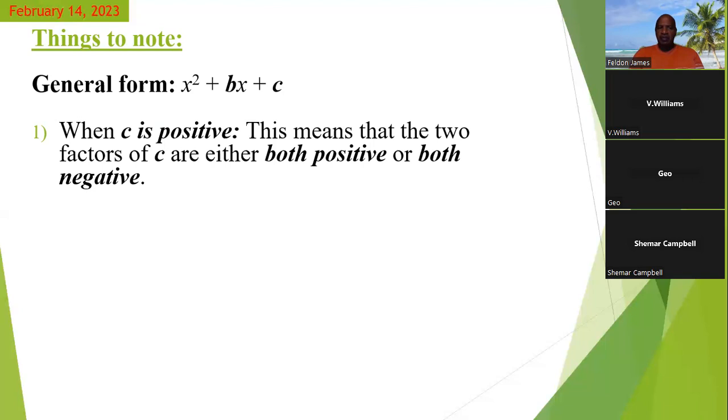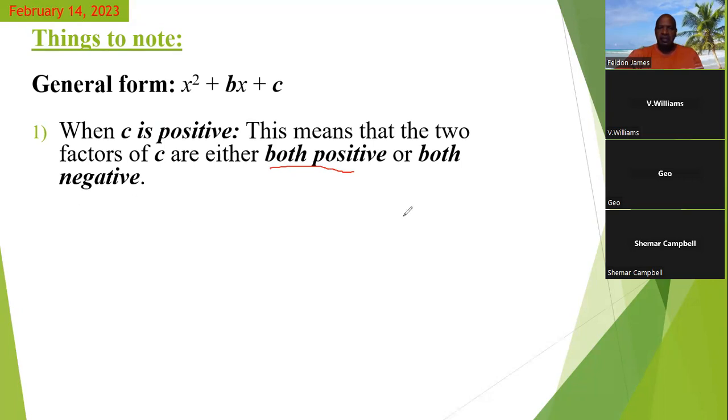Now, I hope you are listening to what I'm saying, because I know it might sound a little weird at first, but what I'm saying is that if you look at a quadratic in this form and the last term is positive, once there's a plus sign in front of the last term, it means that the two numbers that you would multiply to get this last term can be both positive or both negative.